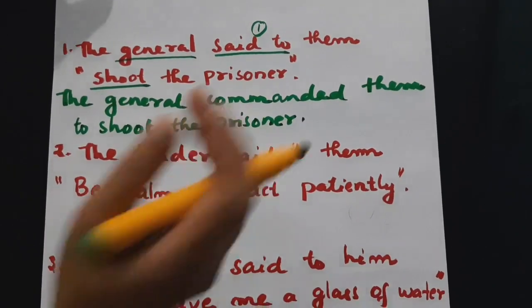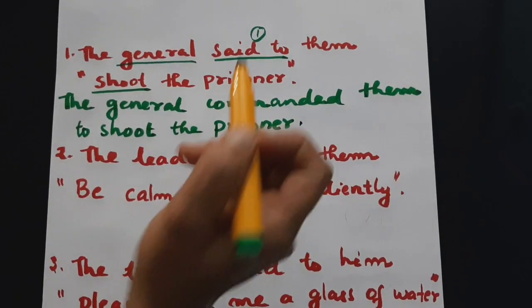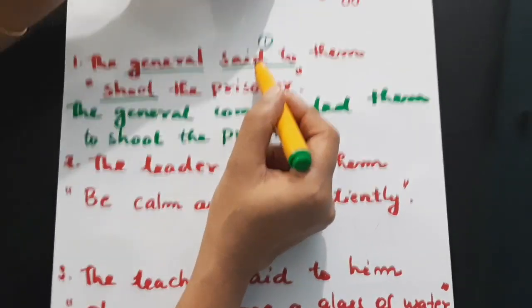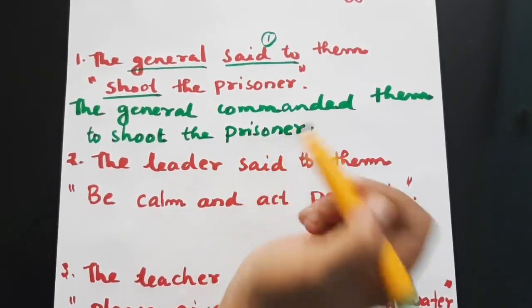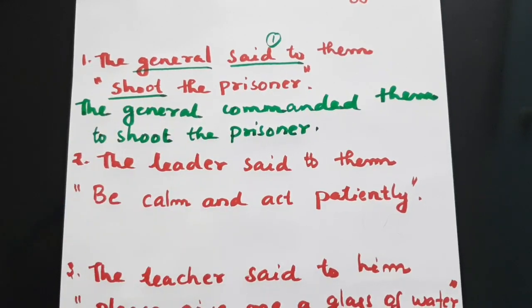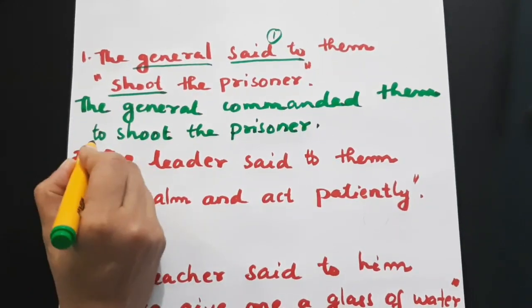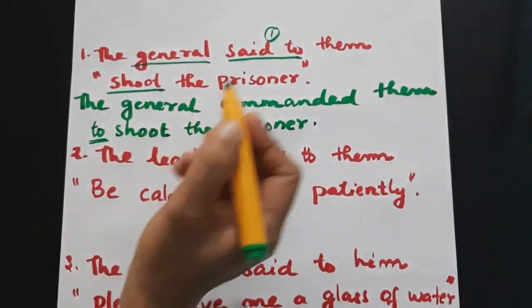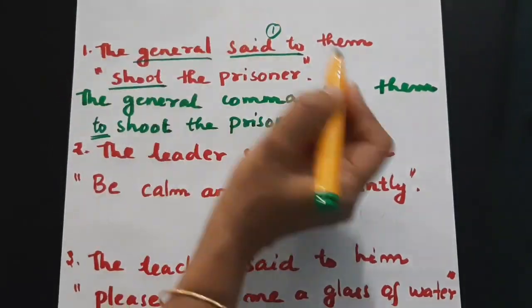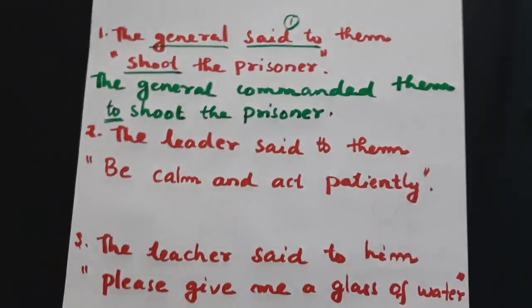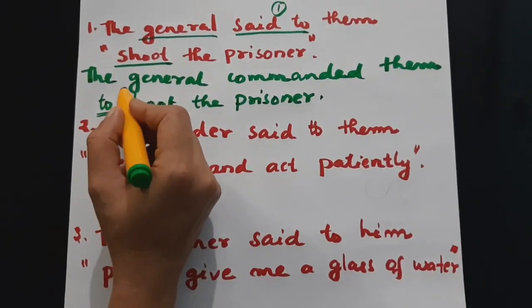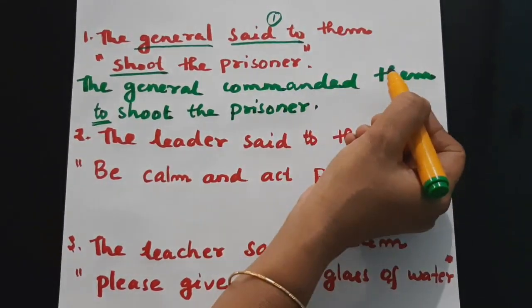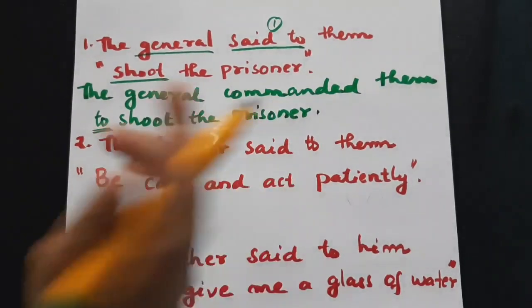Yes. So here we have only two rules. First of all, which reporting verb we need to choose. And the next rule is this: just before the verb, you need to use to. And of course, no need of using any quotation marks at all. That you know, isn't it? Yes. So the answer would come like this: the general commanded them to shoot the prisoner.